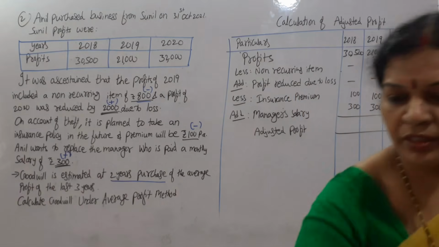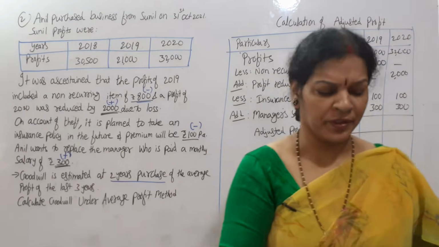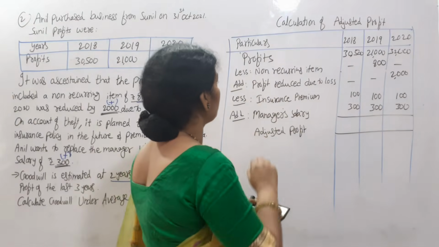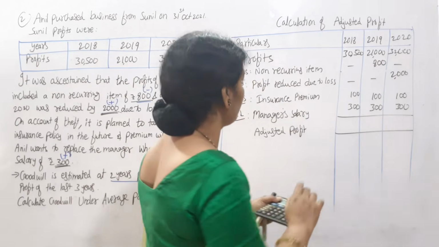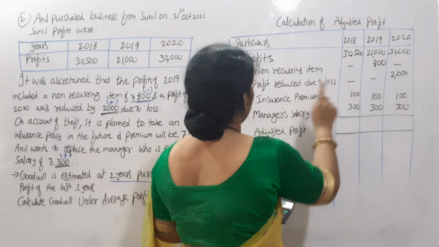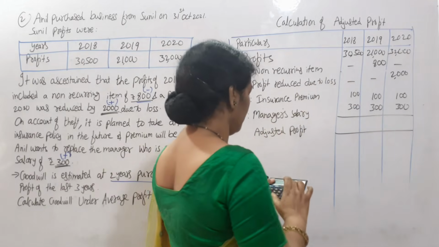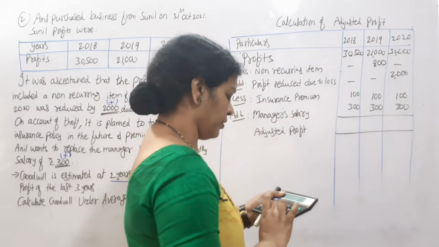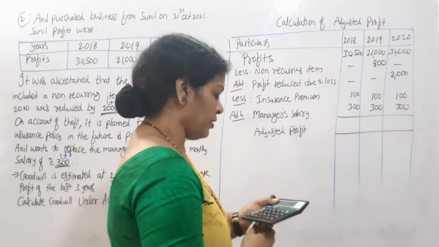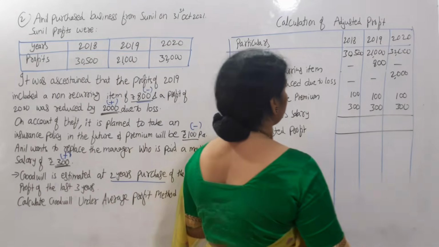We'll use the calculator and do the calculations quickly. Okay, so 30,500. To this, deduct 100 and add 300. It is 30,700.